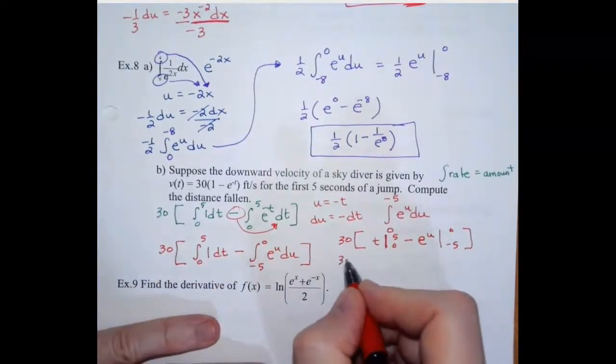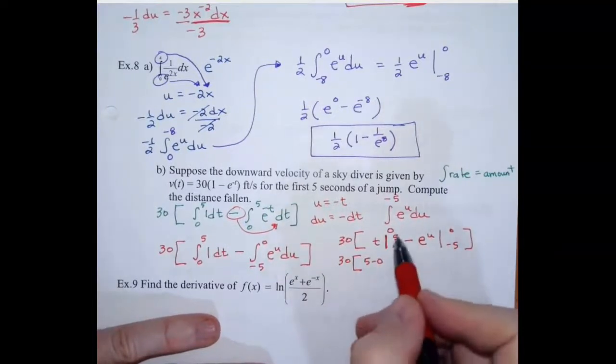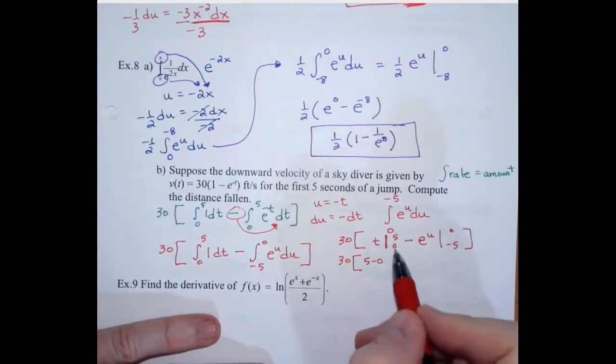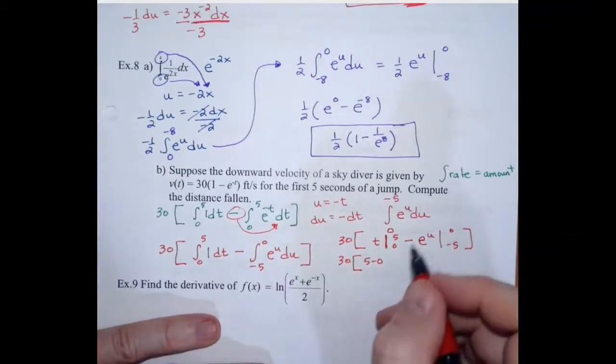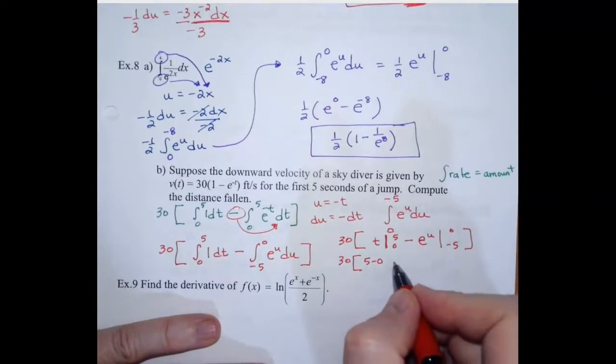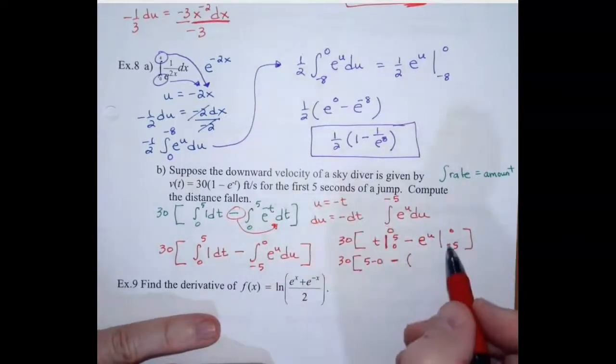Okay, so that's going to be 5 minus 0, plugging 5 in, and then you subtract from plugging this in. And then here, I'm going to factor out that negative so it's maybe a little less confusing.